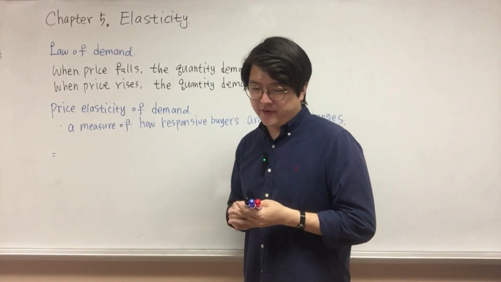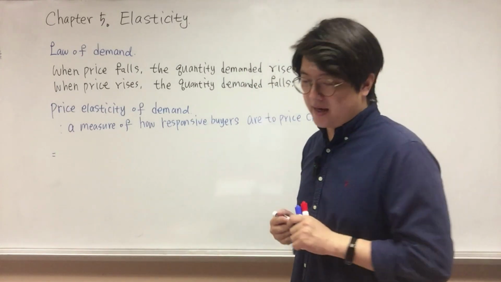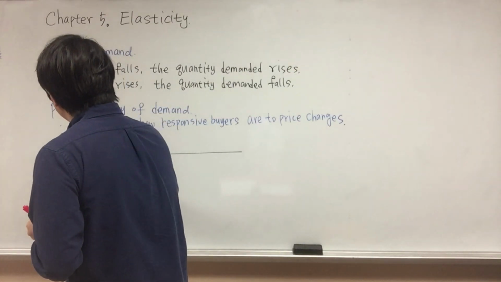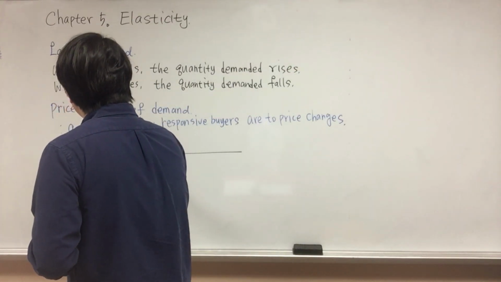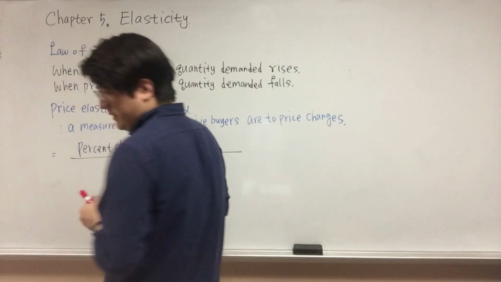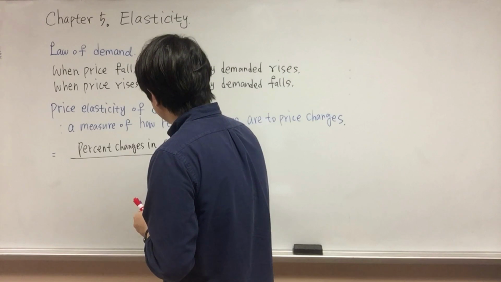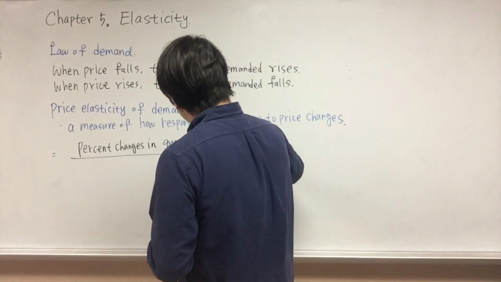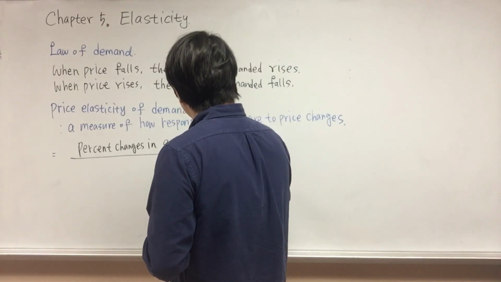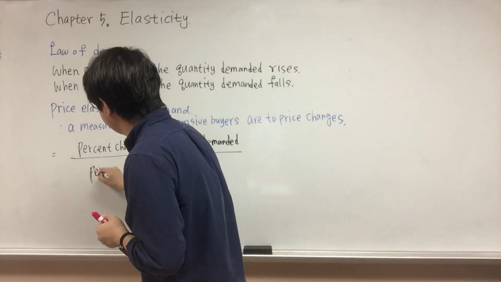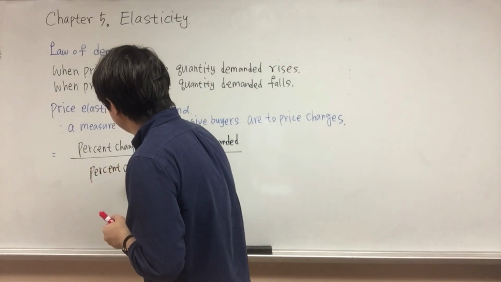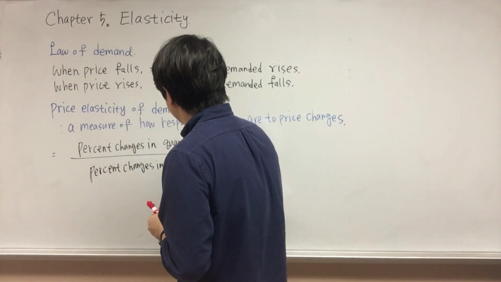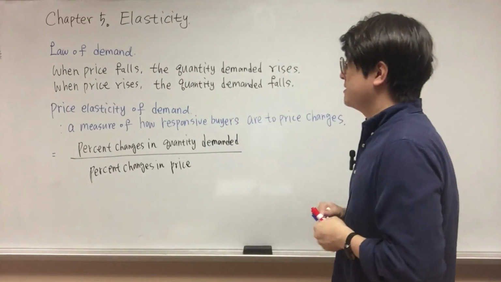The formula of the price elasticity of demand is the percent change in quantity demanded divided by the percent change in price.